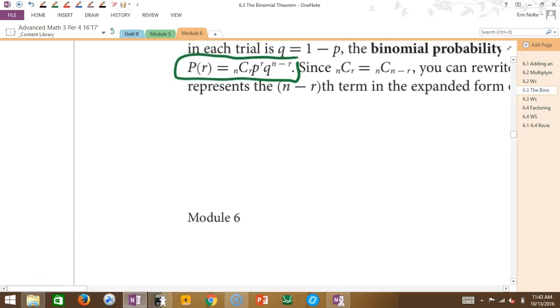Okay, so do you see how there are 4 variables involved here? There's an N, there's an R, there's a P, and there's a Q. See the 4 variables? So N is the number of trials or picks or however many chances. Number of chances. Ooh, that's a good word, chances.